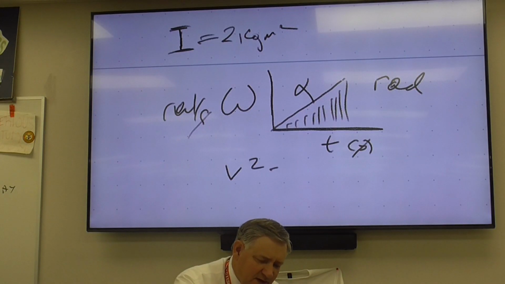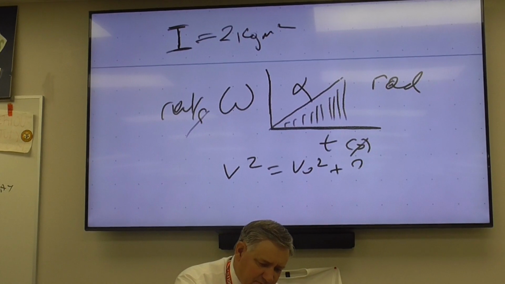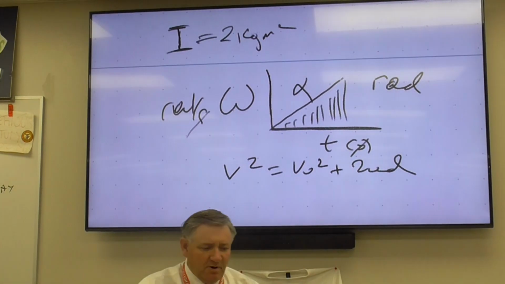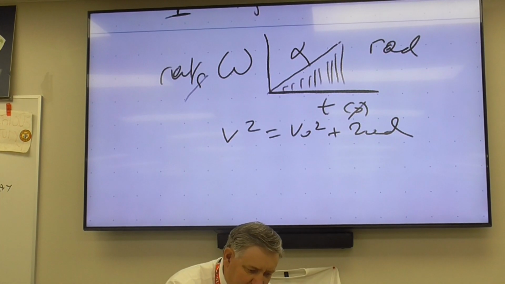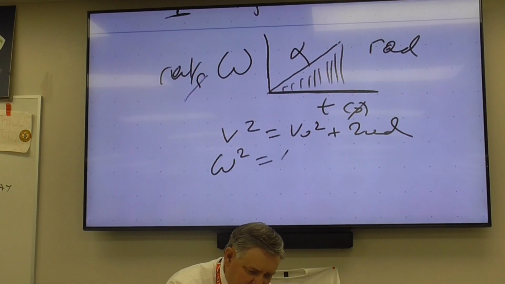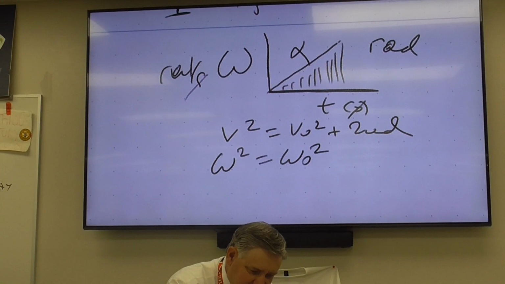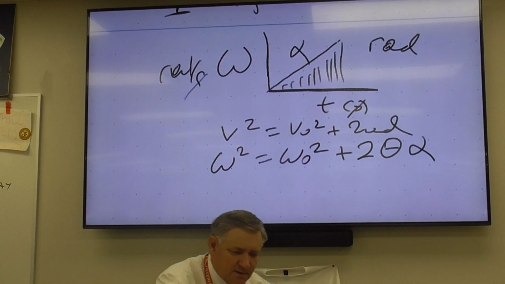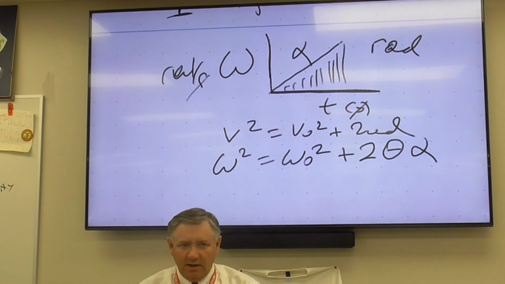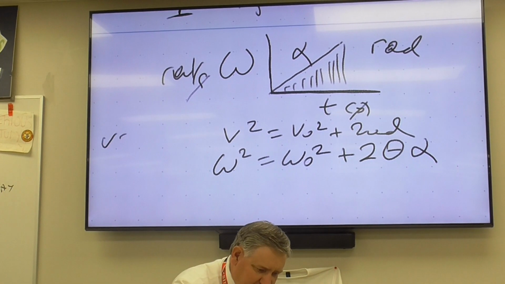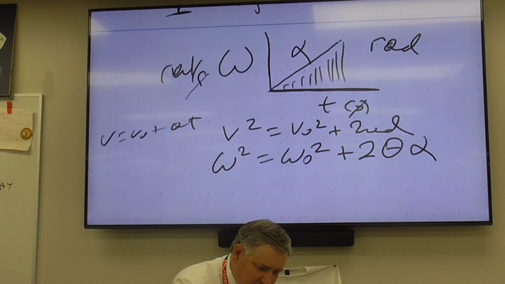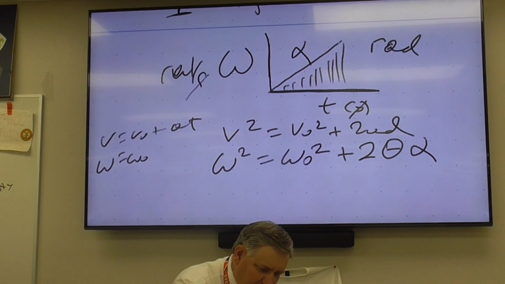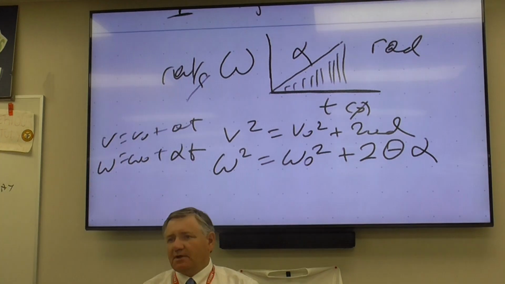Just like you could have v squared equals v naught squared plus 2ad, guess what? You can have omega squared equals omega naught squared, which is just fun to say, plus 2 times theta times alpha. You can have v equals v naught plus at, but omega equals omega naught plus alpha t.